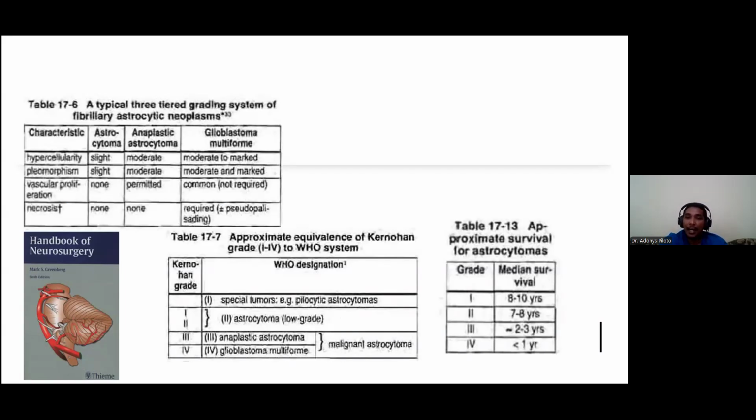If you see here, the approximate survival for astrocytoma grade 1 is 8 to 10 years, and for grade 2, 7 to 8 years. The classification was most likely based on hypercellularity, pleomorphism, vascular proliferation, and necrosis. And of course, the classification was based on grade 1 and grade 2, and grade 3 and 4, and was widely used and quite useful for surgeons.